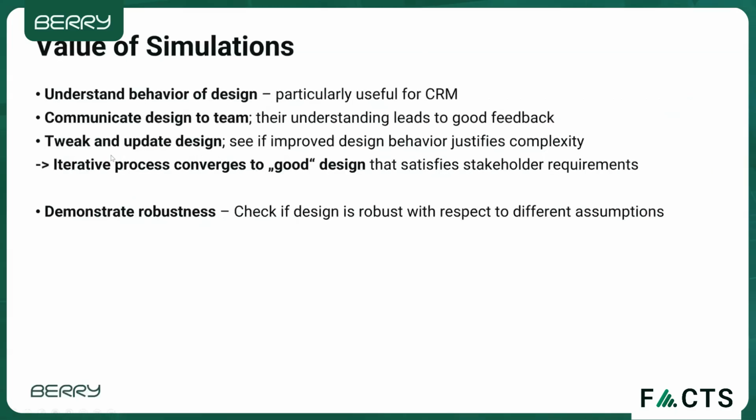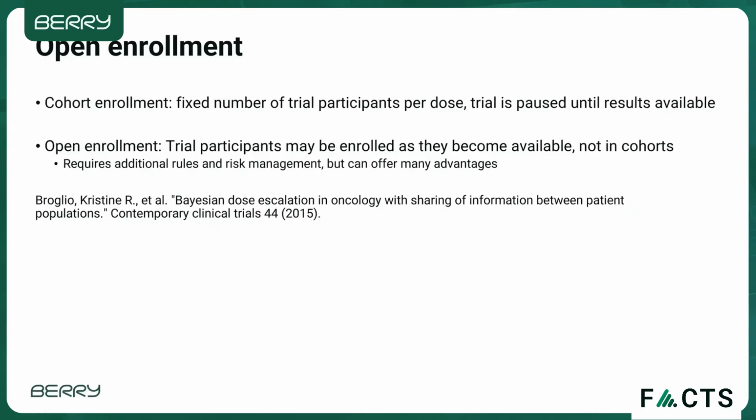In open enrollment, we are doing it slightly differently. We're not waiting until, say, 3 patients have become available and then treating them all at the same time, while not enrolling any other patients during their outcome observation period. Instead, we enroll the patients as they become available. That means some of them might be treated a bit faster.